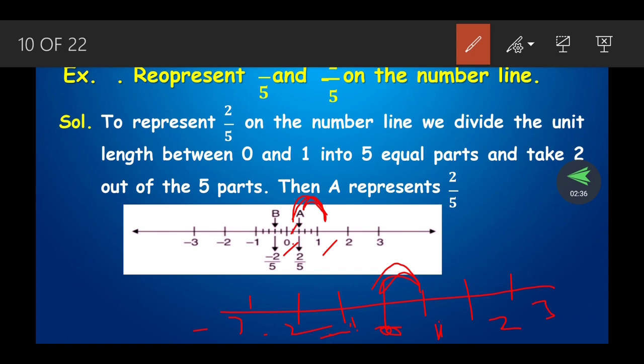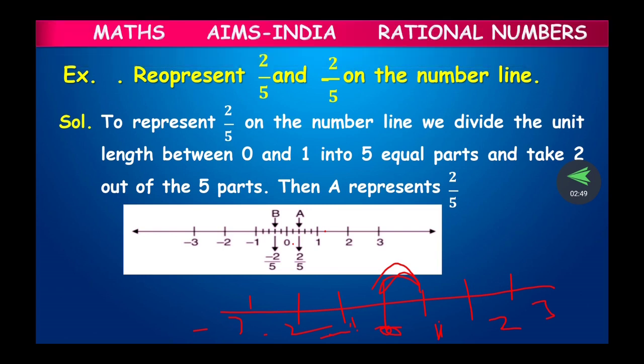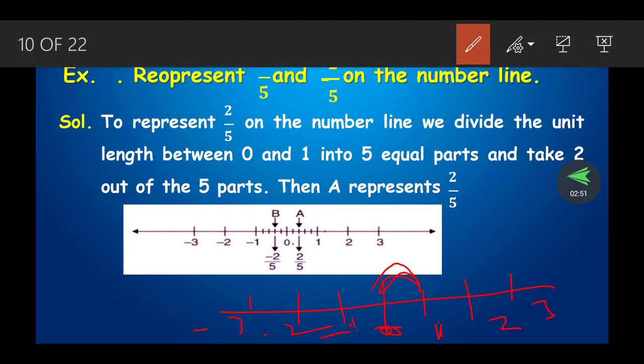This distance is divided into 5 equal parts, and at 2 parts we have marked a point A. We have marked a point A here at second part. So it is equal to 2 by 5.